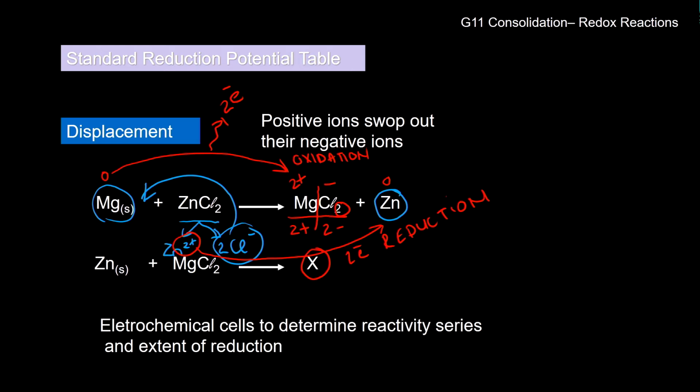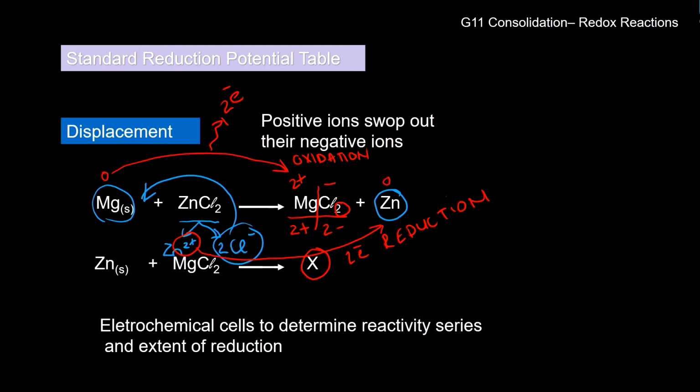So when we experiment with these different displacement reactions, we find that some substances are not able to displace the metal. So magnesium is strong enough to displace the zinc from the zinc chloride, but zinc is not strong enough to displace the magnesium from the magnesium chloride.